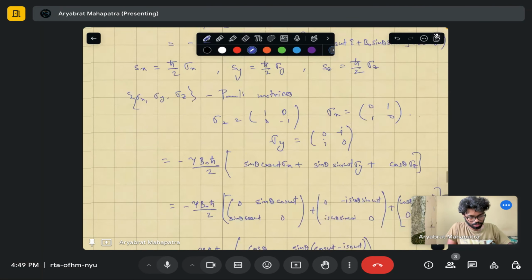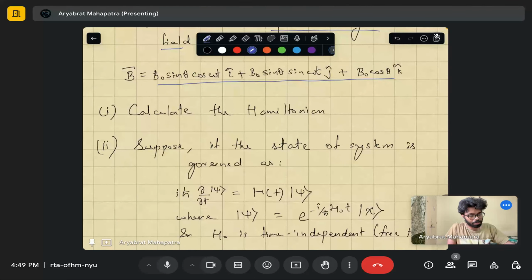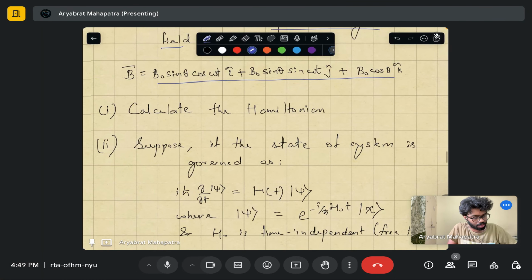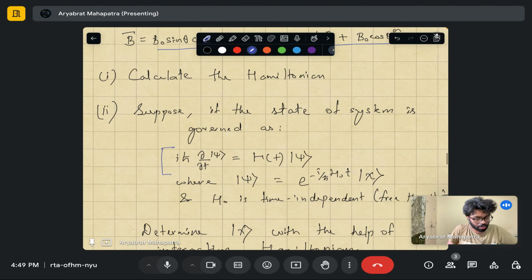So that is your Hamiltonian, and then what is being asked? Suppose the state of the system is given this way. This is the generic way to write your quantum system: you define your state in the Schrodinger equation and you evolve it. But it is given that your psi is defined like this.